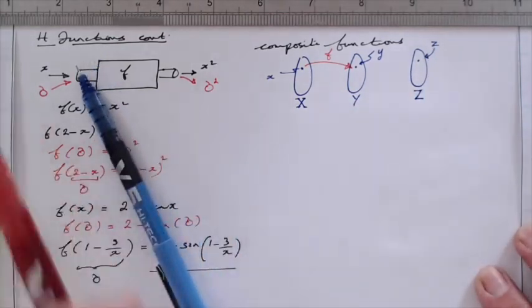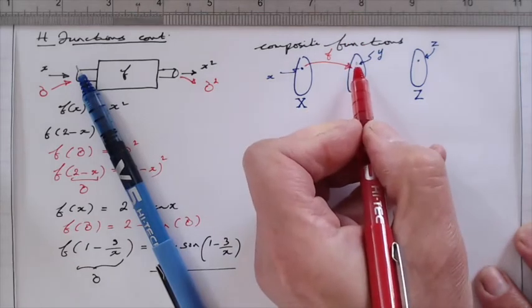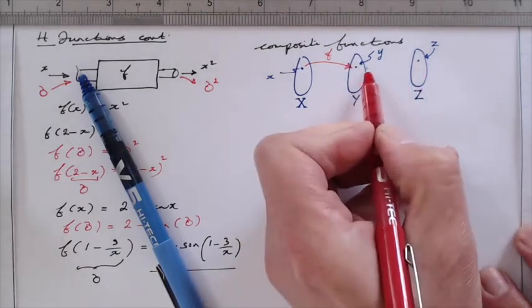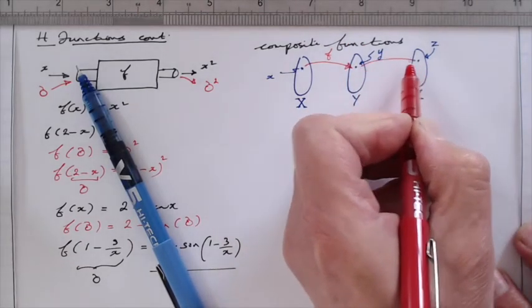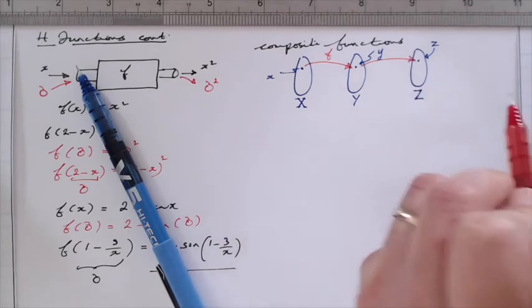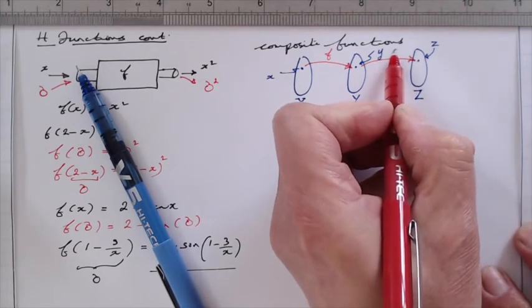And there'll be a mapping now, we can imagine, between set Y and set Z, and that function we will describe by g.